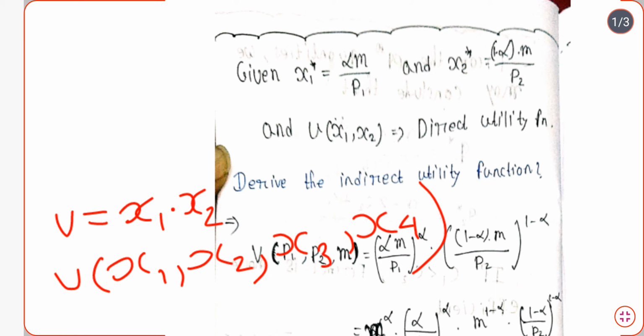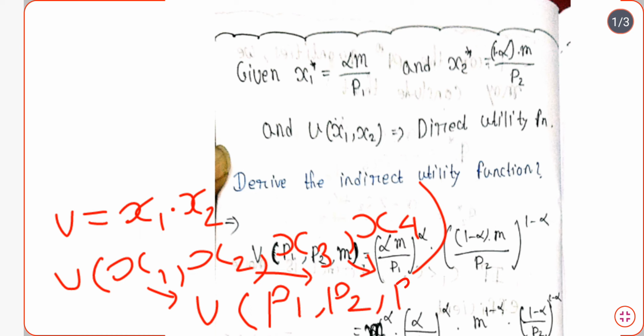What is indirect utility function? Indirect utility function is the function of price of the commodities. Suppose P1 is the price of x1, P2 is the price of x2. Similarly, for x3, P3 is the price of x3.